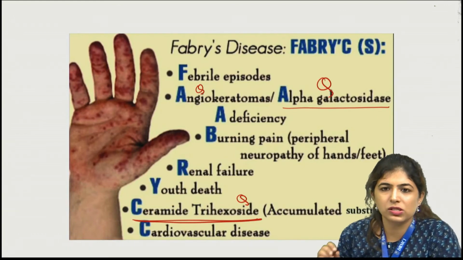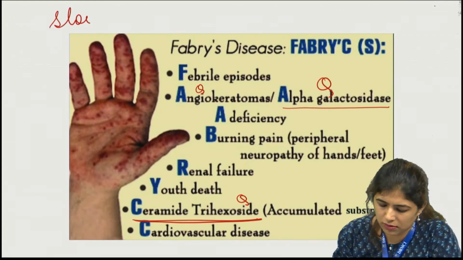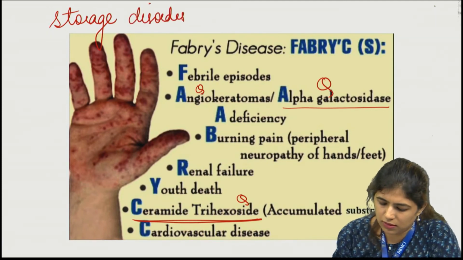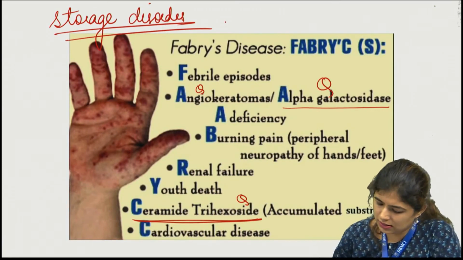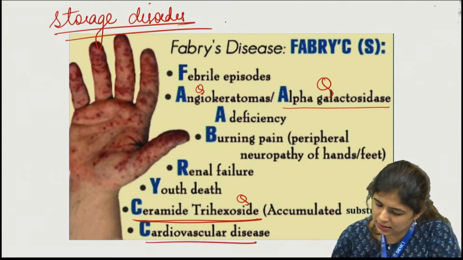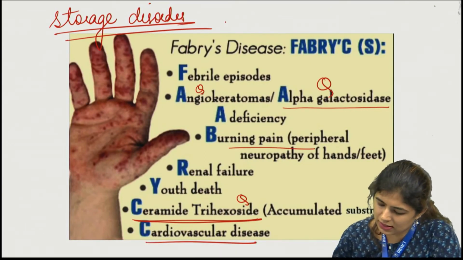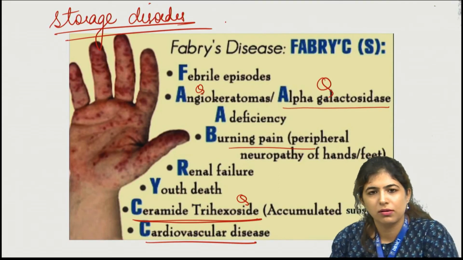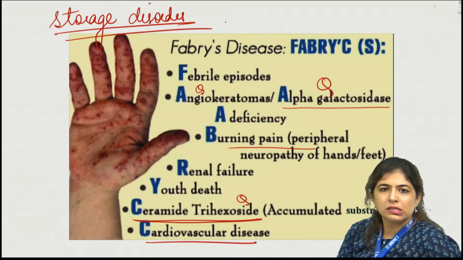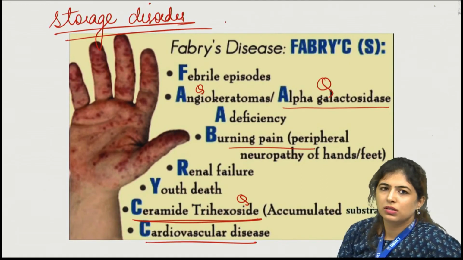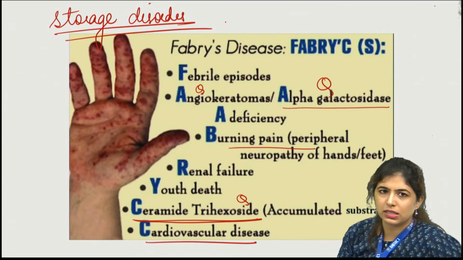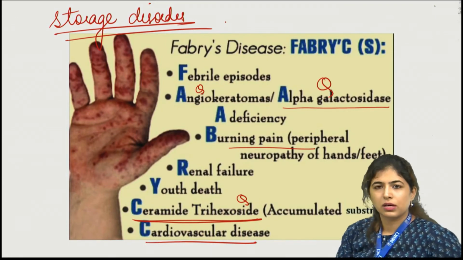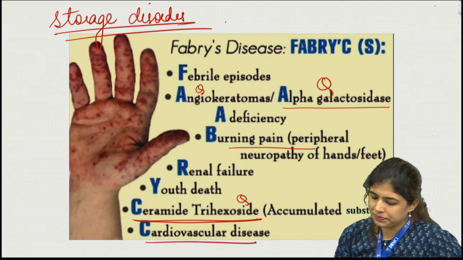So this is actually a storage disorder. Fabry's disease, leading to cardiovascular disease, acroparesthesia, and skin manifestation. Clear to all? Please remember this flowchart. This is an important question. Fabry's disease. Clear to all? Yes?